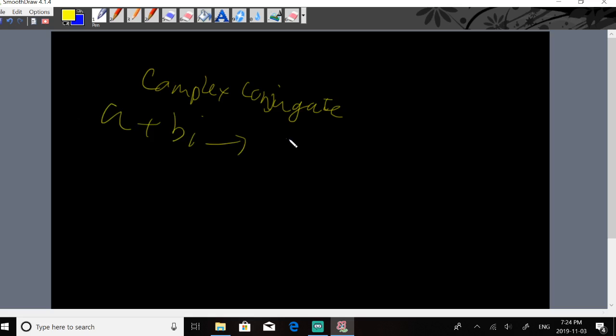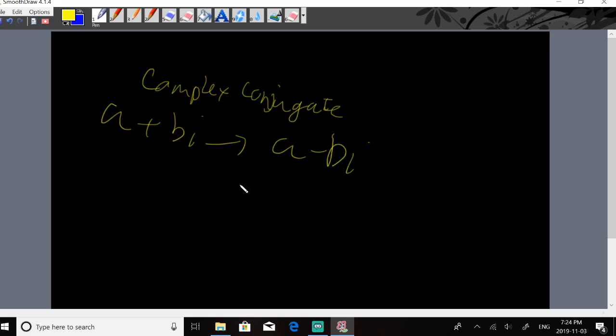This is called the complex conjugate. The complex conjugate of a plus bi is a minus bi.